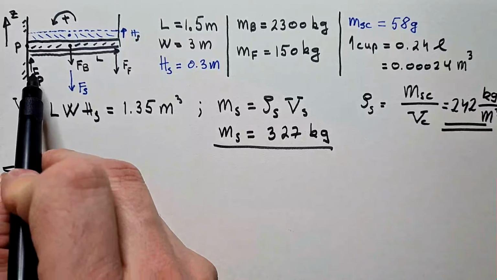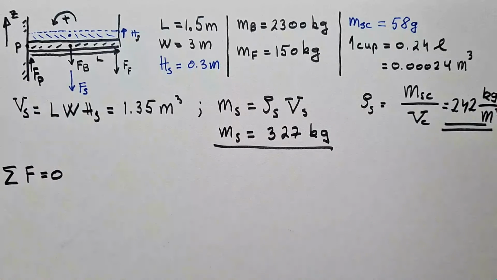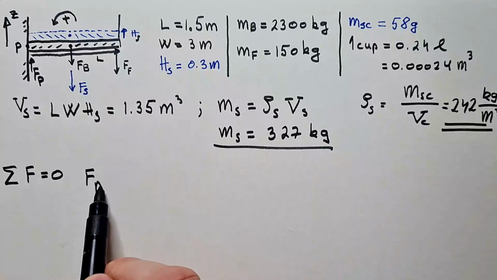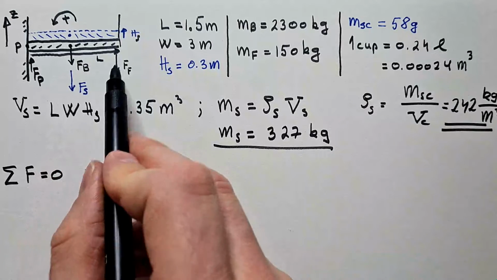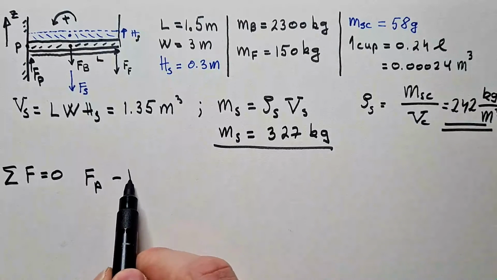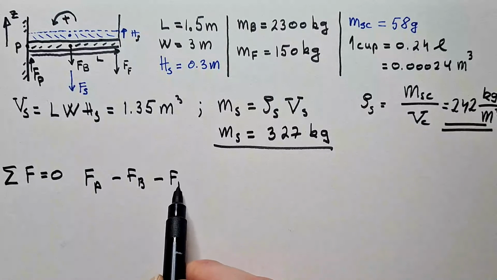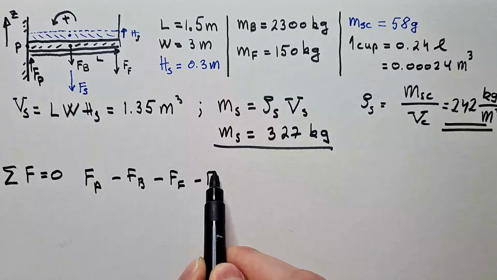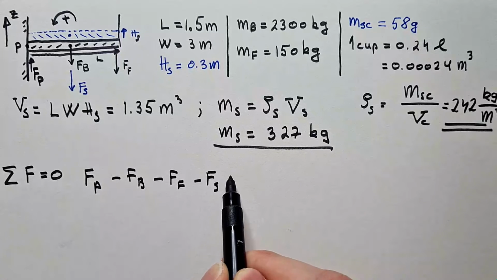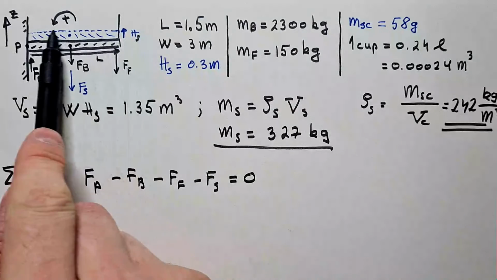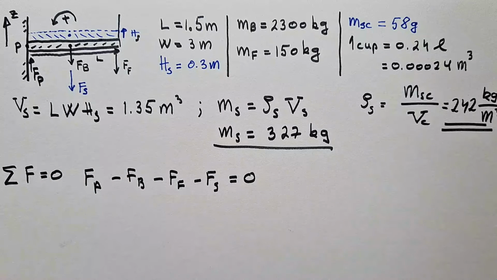The only force acting in the positive z direction is Fp, and the other three forces are negative: minus Fb, minus Ff, and minus Fs. And that needs to be equal to zero in order for this structure to be static.